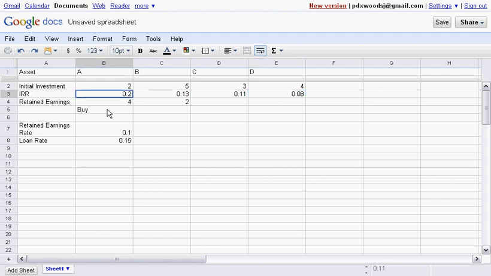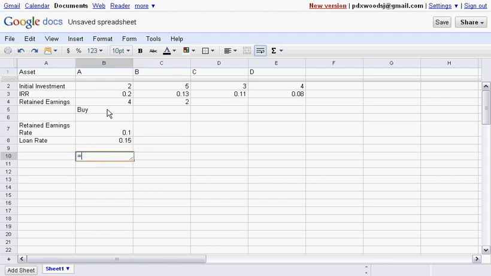If it's indivisible, we have to see if it makes sense to actually buy this with this combination of loans and retained earnings. So remember, the internal rate of return on the asset is 13%, but what we have to do is figure out what that blended cost of funds is.